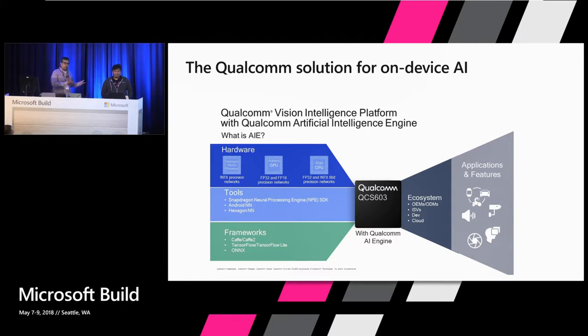One, you can run your fixed 8-bit precision networks on the ARM CPU, or you can run floating point 32-bit precision networks on the ARM CPU. But apart from CPU, we have GPU as well. It comes with the Adreno 615 GPU. Again, on a GPU, you can run floating point 16 or 32 networks.